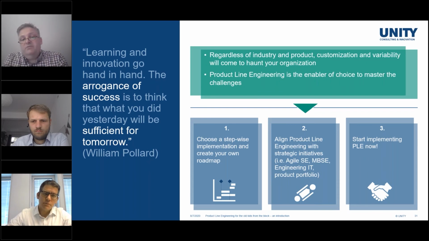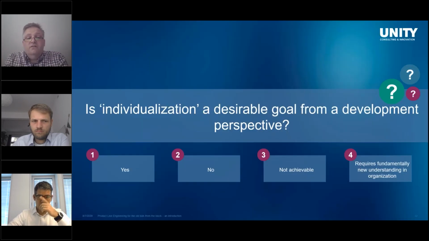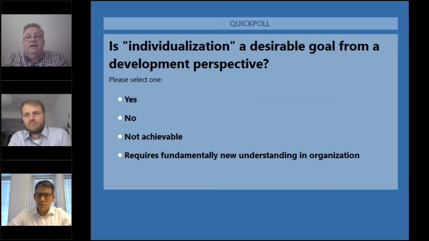So coming to that, we wanted to come to a conclusion with a last poll on the next slide. And therefore, the question here is now to you. What do you think? Is this fully holy grail product line engineering in a smart mechatronic world? Can this be reached? Is it a goal from a development perspective?